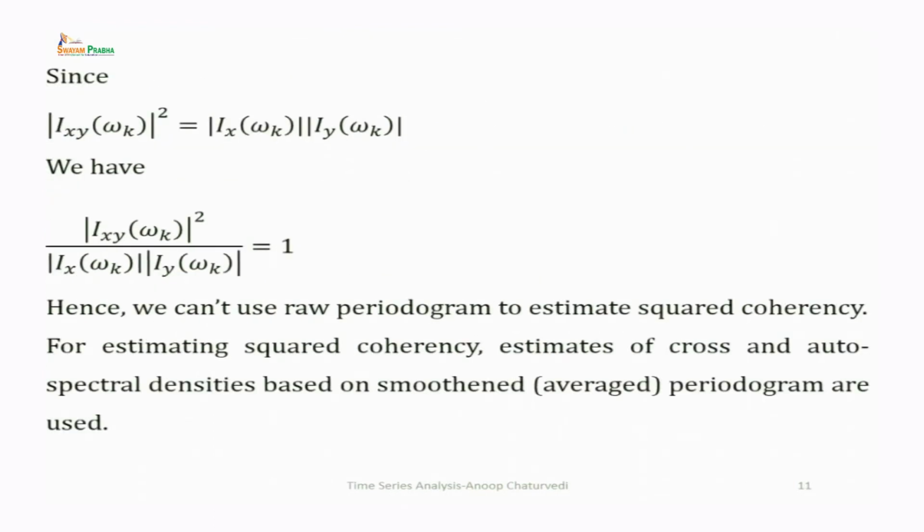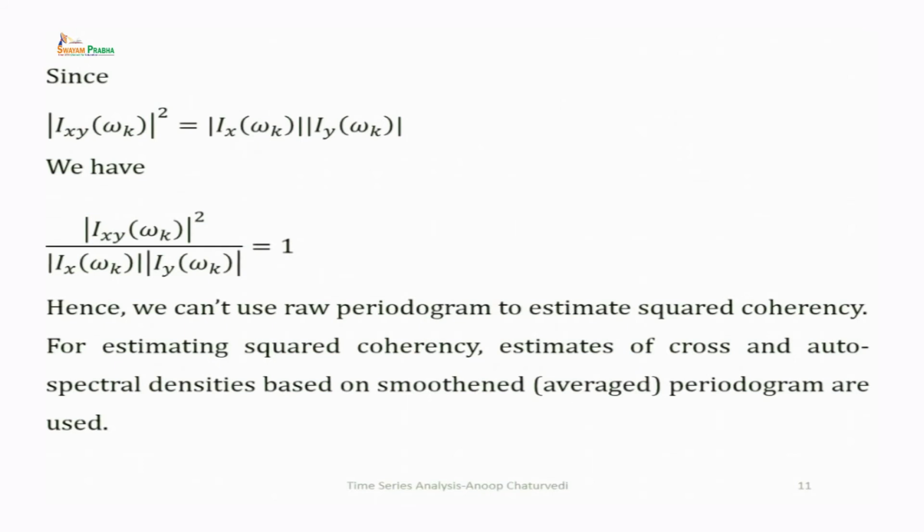Now, from the expression for I_xy(omega_k), you observe that if you take mod of I_xy(omega_k) and then take a square of this, then the square of mod of I_xy(omega_k) is equal to mod of I_x(omega_k) into mod of I_y(omega_k).